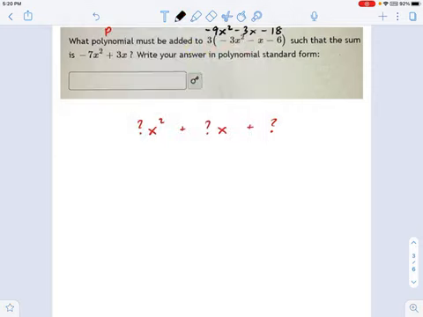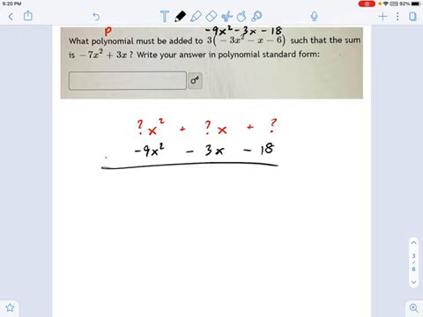See, that's P that I just wrote, that bunch of red terms right there. We're going to add that to this, negative 9x squared minus 3x minus 18. We're going to add the whole thing up like an addition problem. And the result that we're going to get is this, negative 7x squared, positive 3x, and 0.